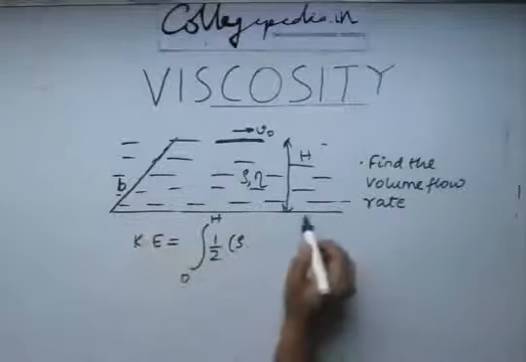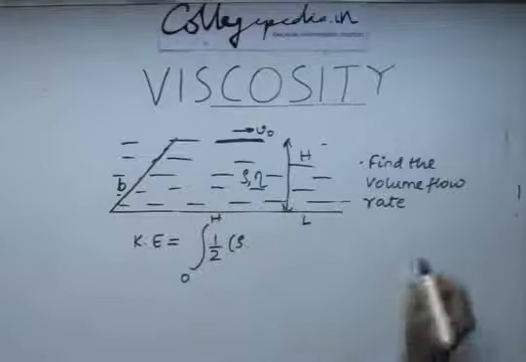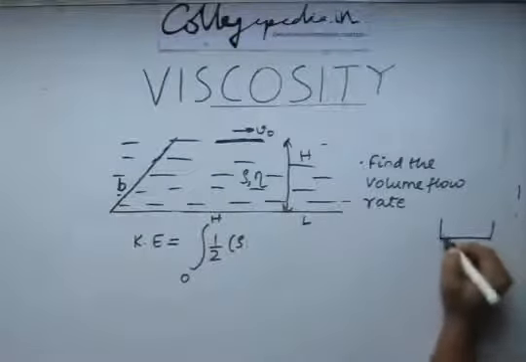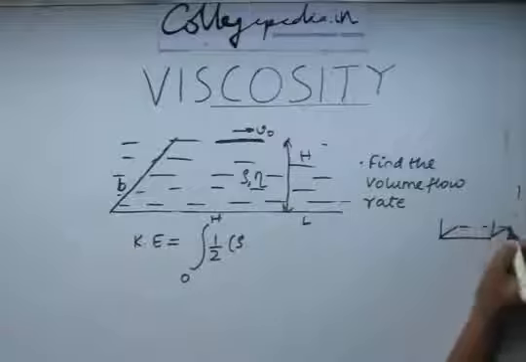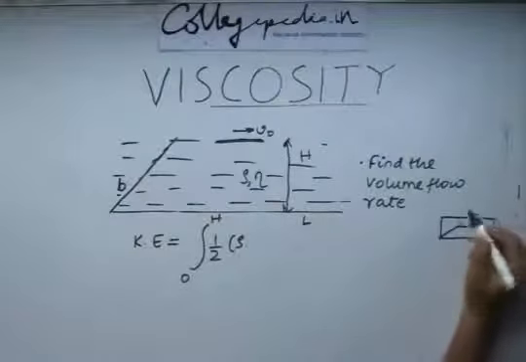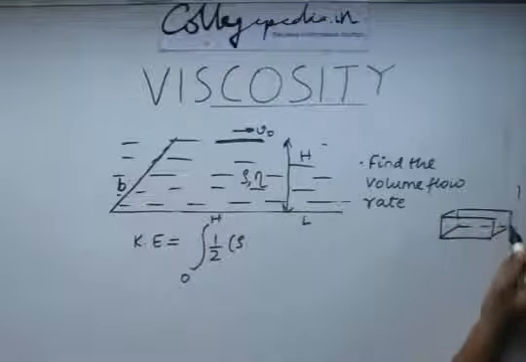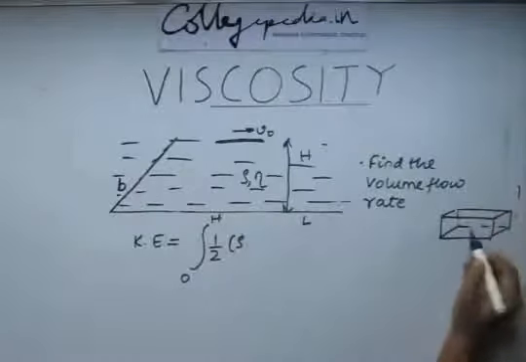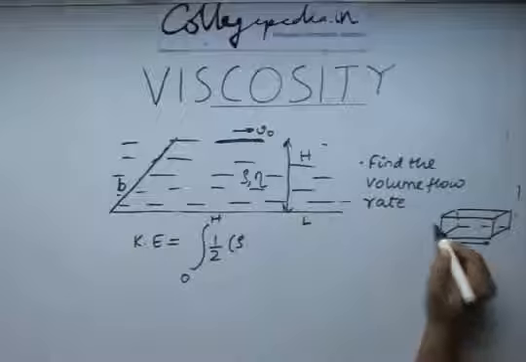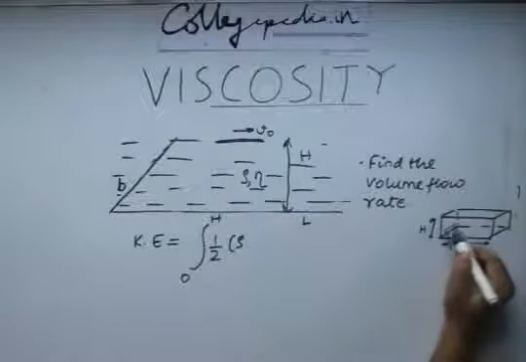Say the length of the container is L. We have this sort of situation: this length is L, this height is h, and this width is b.